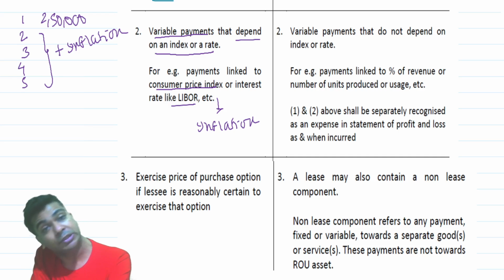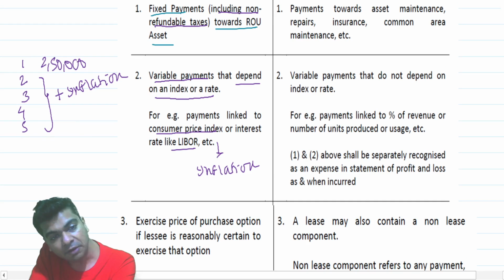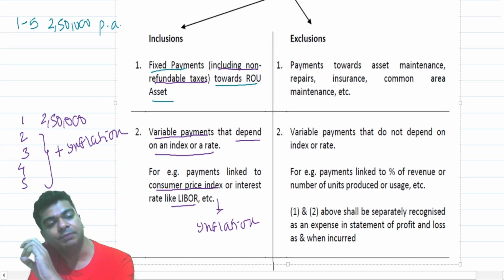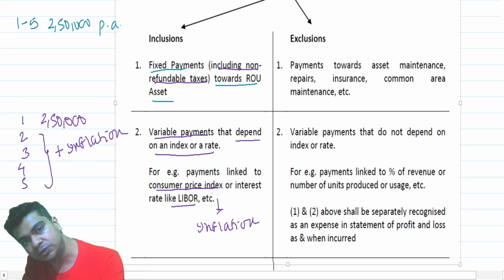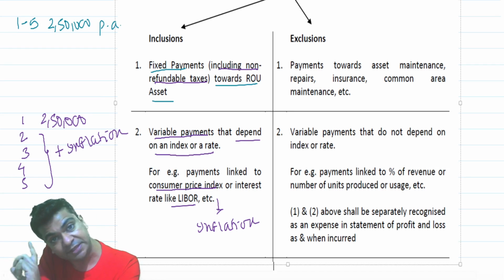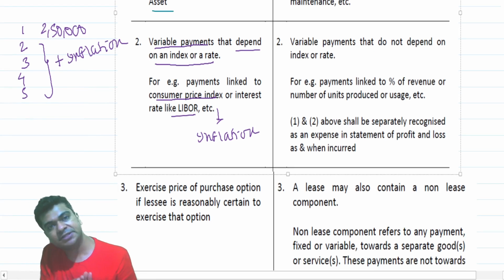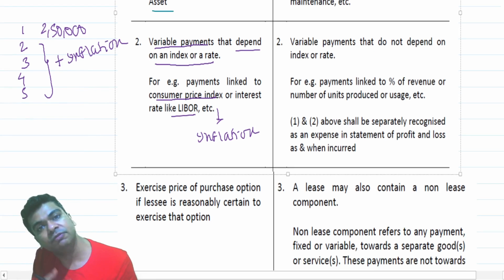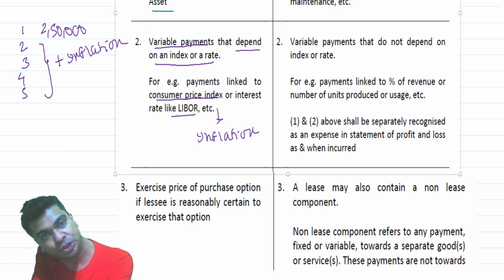So now lease rent is not a fixed amount, isn't it? In part 1 that we were seeing earlier, we were saying it is a fixed payment. We were saying that, see, for all the 5 years we will pay 2,50,000. So 2,50,000 was fixed. But now, as you can see, 2,50,000 is there for the first year agreed, but the rest of the years 2,50,000 will keep on increasing by the rate of inflation.